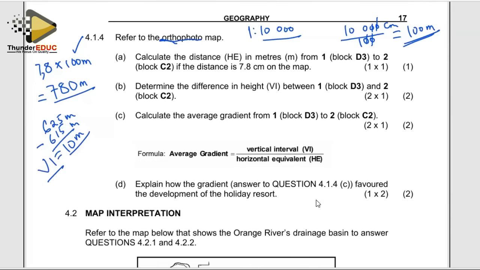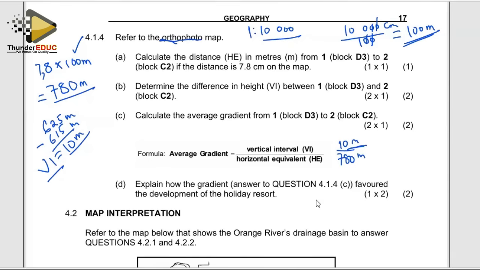Then calculate the average gradient from 1 to 2. When you are now calculating the gradient, you are using the vertical interval over horizontal equivalence. You just simply substitute your VI, you got it as 10, and your horizontal equivalence, you got it as 780. So that's basically in meters and in meters. And the meter values are going to cancel each other.